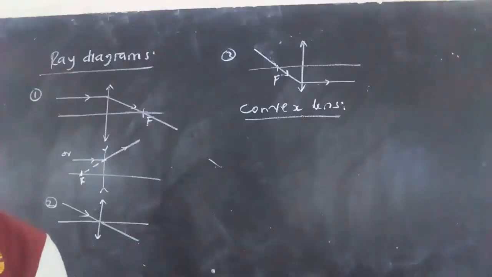Uses of convex lenses. They are used in spectacles for long-sighted people. They are used in optical instruments. They are used as solar concentrators. And they are used as magnifying glasses. So can we move on?